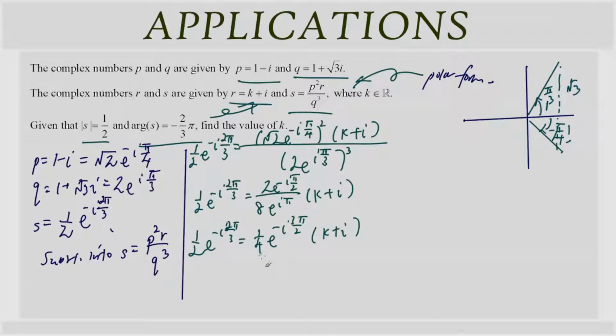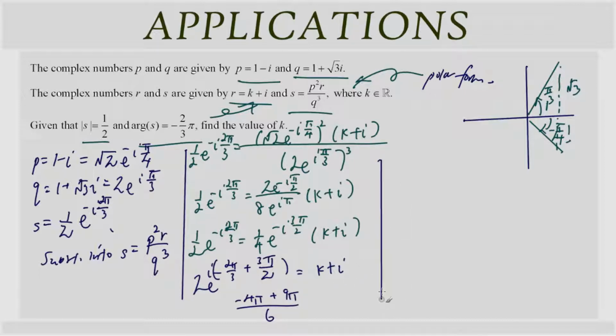Now let's divide both sides by this value, and we get 2e^(-i times (-2pi/3 + 3pi/2)) is equal to K plus i. Now this value over here, let's convert it over 6 with negative 4pi plus 9pi, and that's 5pi over 6, right? So we have the left hand side equal to 2e^(i 5pi/6) is equal to K plus i.